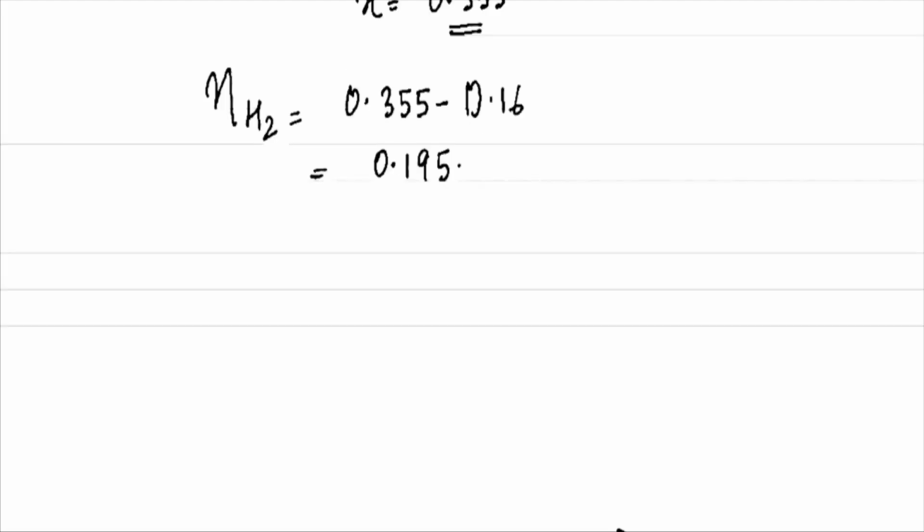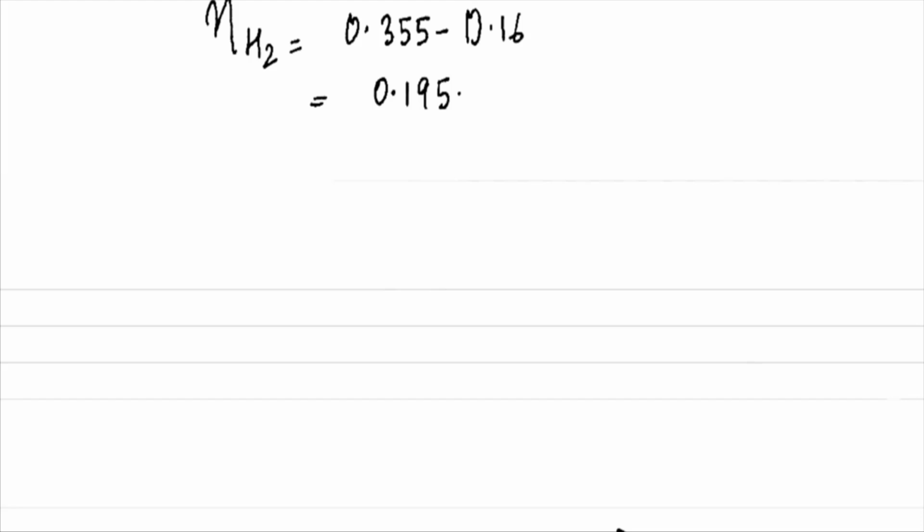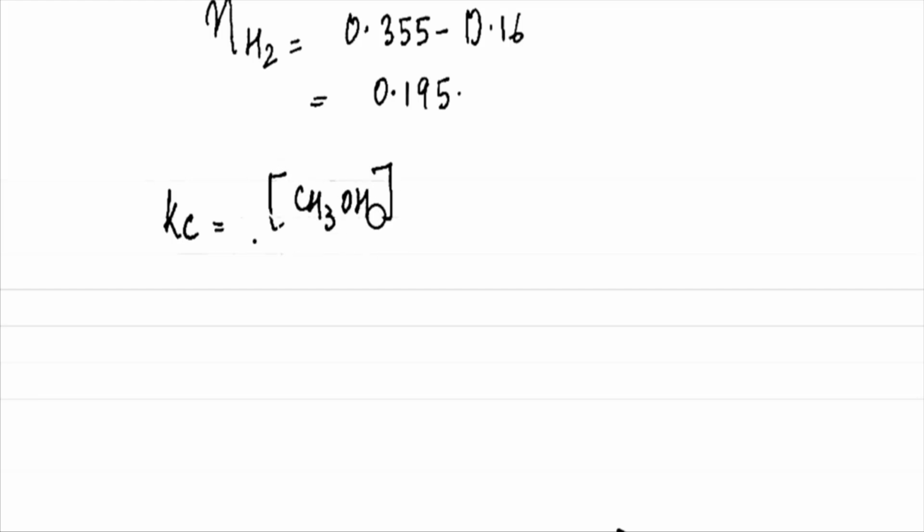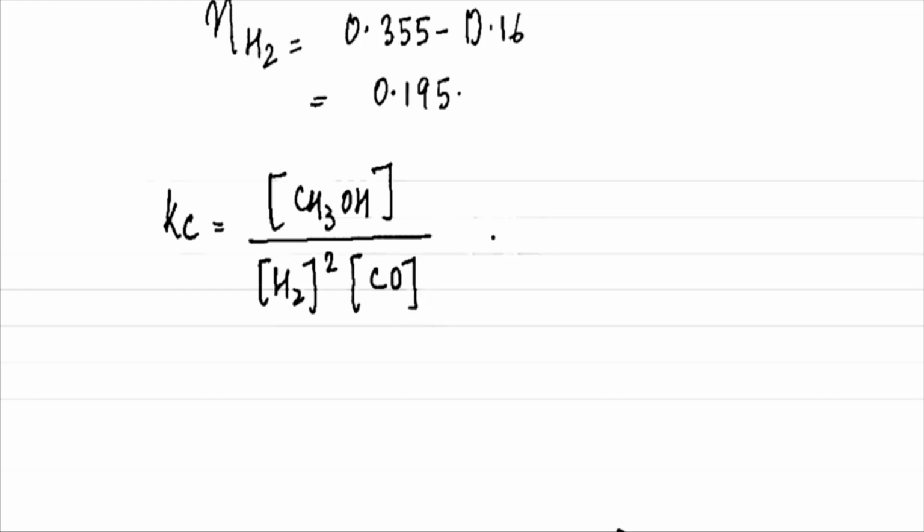Now we can easily find out the value of Kc. So the value for Kc can be calculated using the concentration of product, that is CH3OH, upon the concentration of reactant, that is H2 to the power 2 into carbon monoxide concentration.